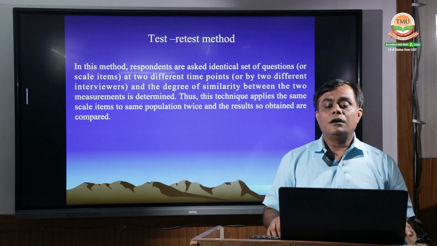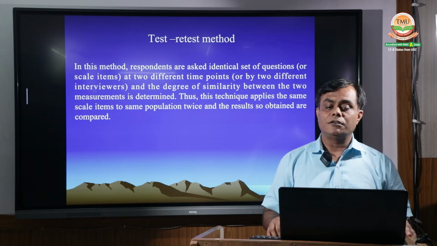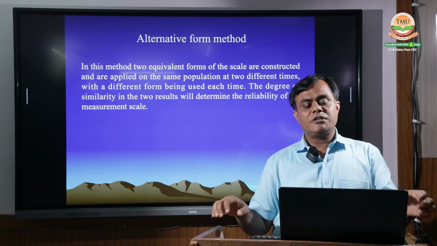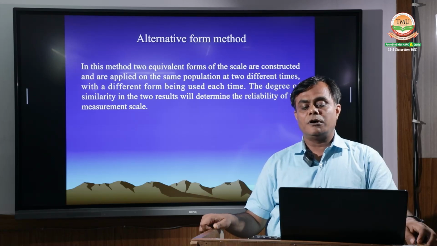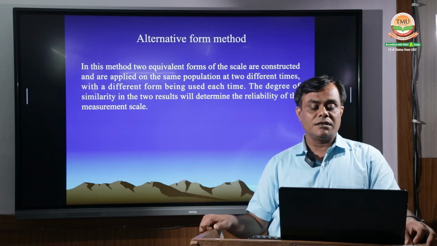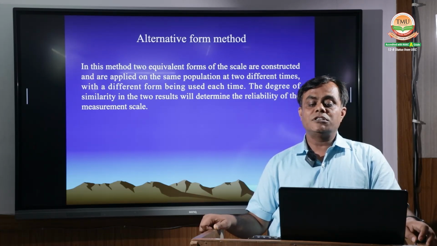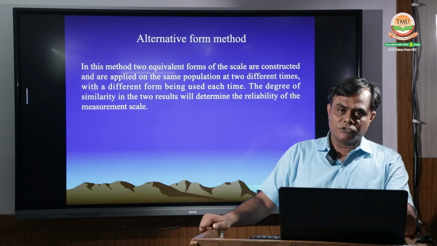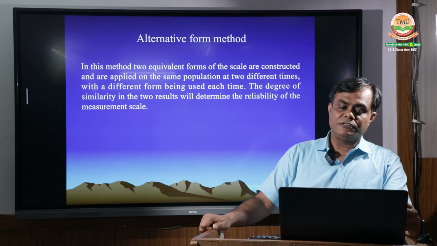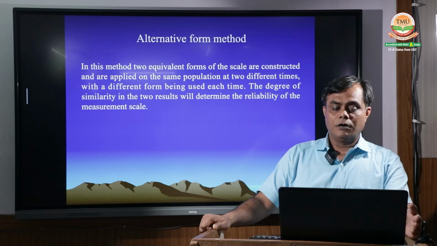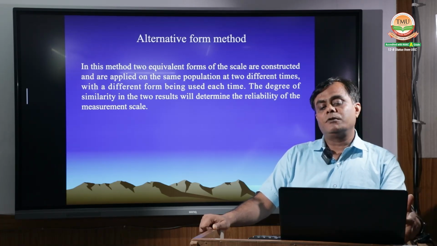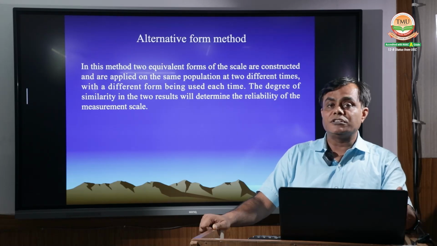Next is the alternative form method. In this method, two equivalent forms of the scale are constructed and applied to the same population at two different times, with a different form being used each time.